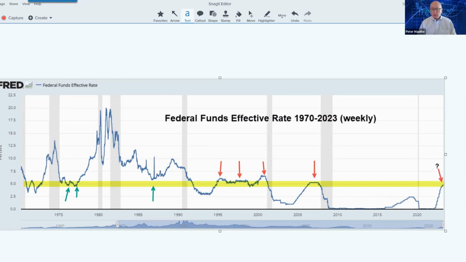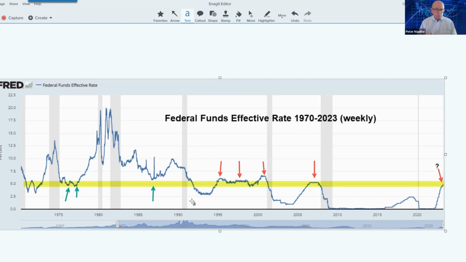Now, a couple things to note are that from about 1985 or 86 to the left were during periods of high inflation. From the early 90s to the left were periods of time where interest rates were generally above 5%.